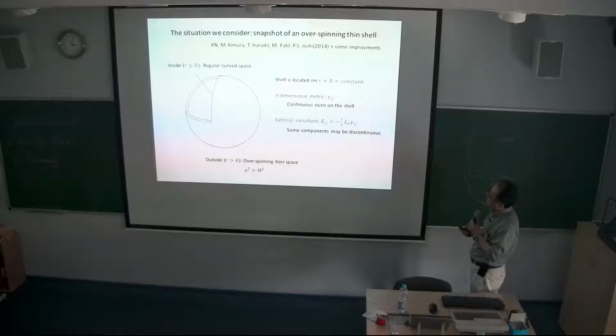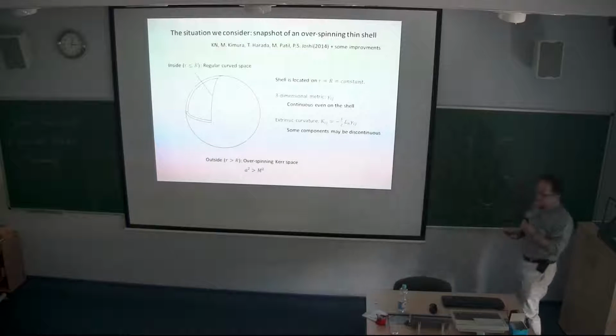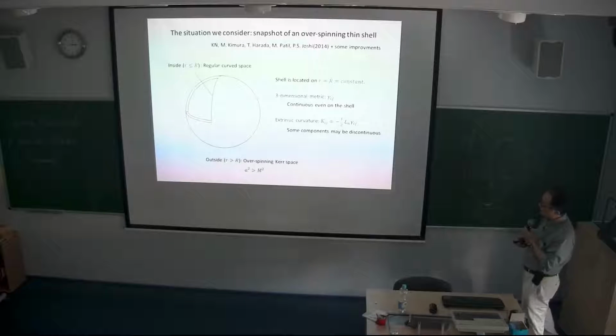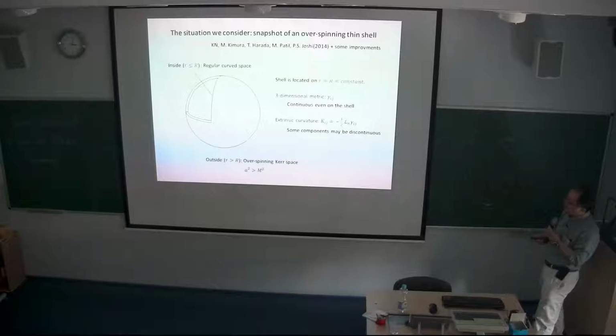We assume that the shell is located at a capital R which is constant, and we will not consider the dynamics. Anyway, we assume that the inside of the shell is the regular curved space, which is continuous even on the outside, but is the overspinning curved space, like a hypersurface, the initial data.